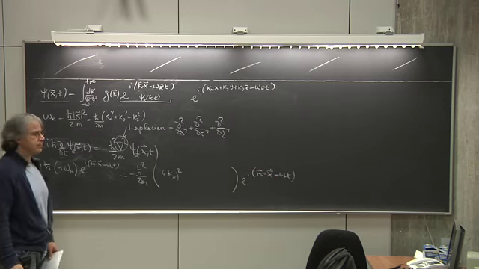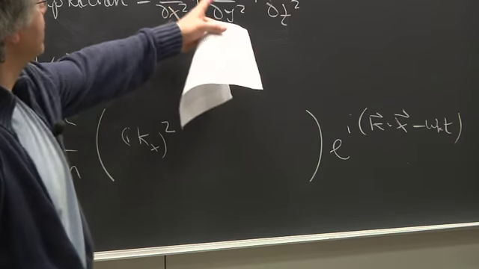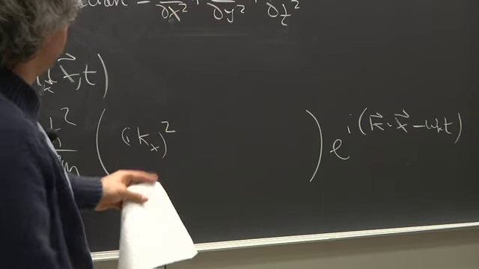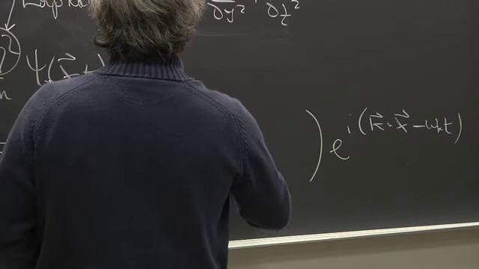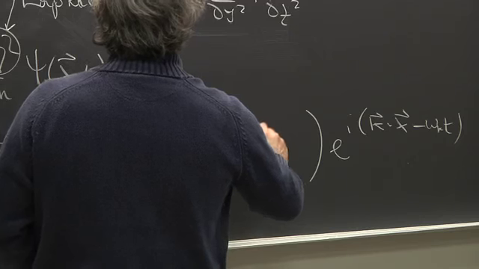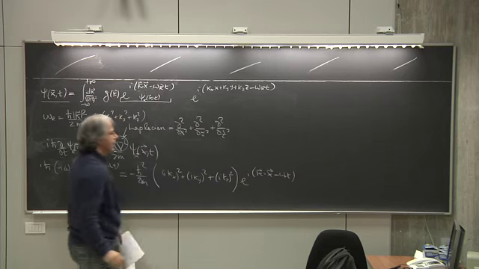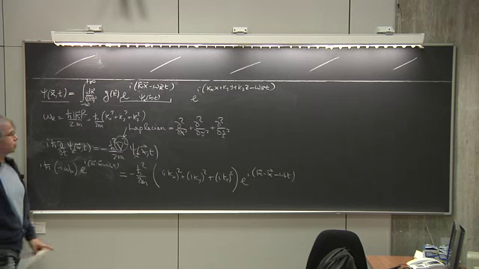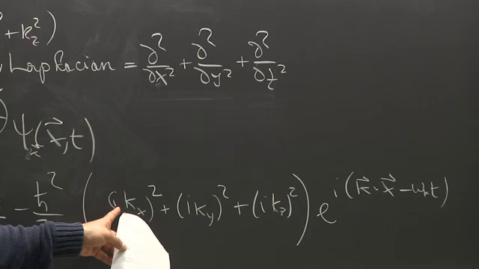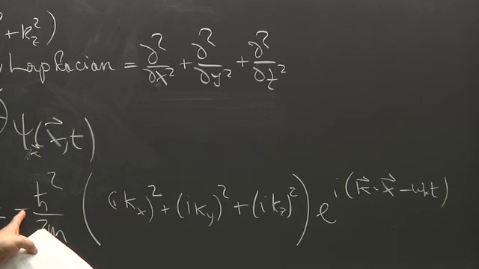Let's do the second derivative with respect to y. Similar result, so I get i ky squared. The third, same thing, i kz squared. Now, the square of the i's with a minus conspire to make a plus.